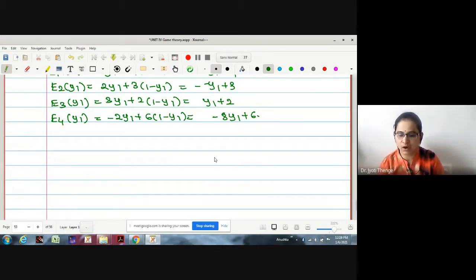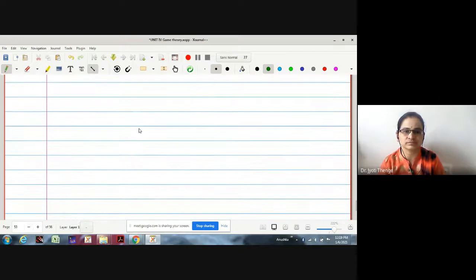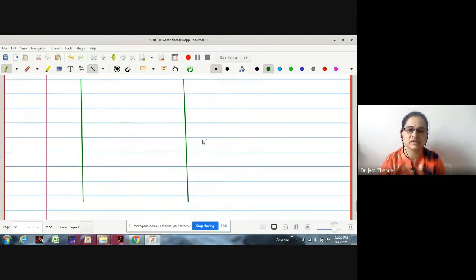Now let me draw the graph. Let's say these two are the axes under consideration.